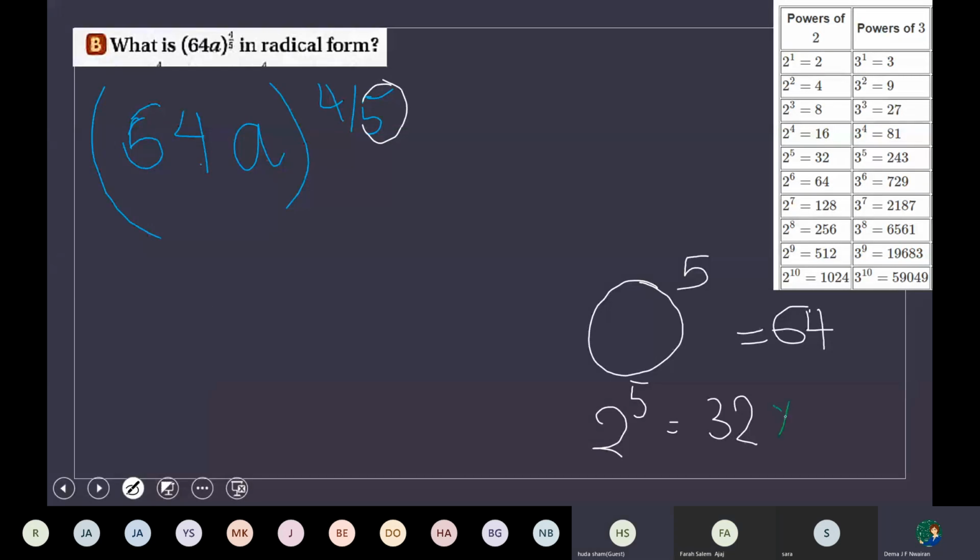Can I multiply 32 with 2 and I get 64? Yes, teacher, we can. So let's now take 32, multiply by 2. Let's try to.